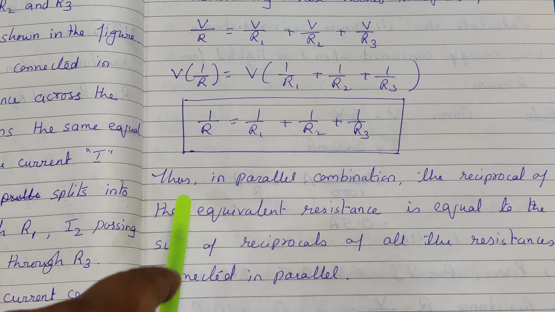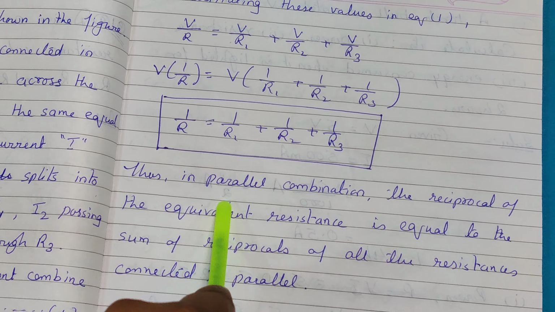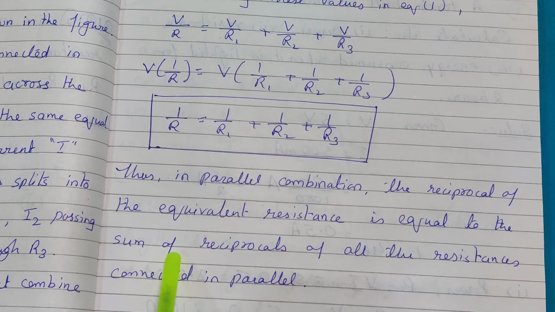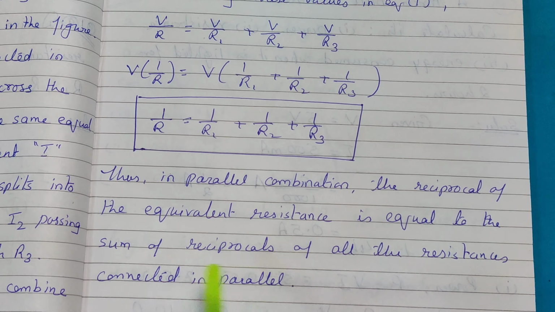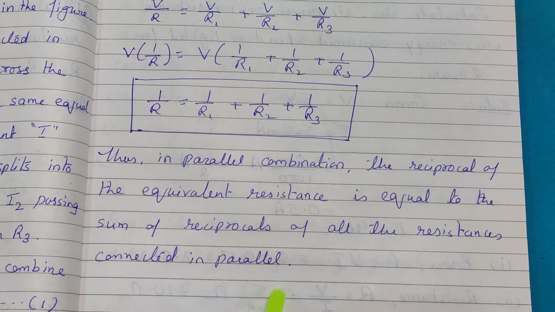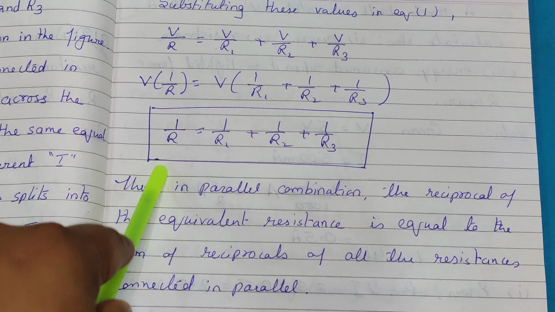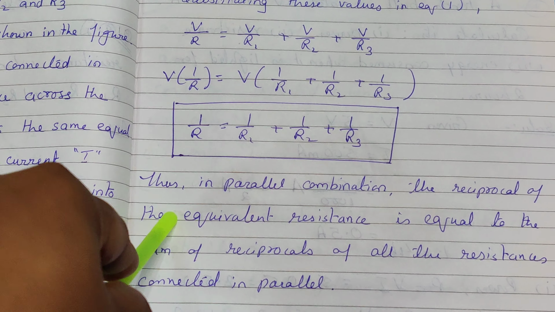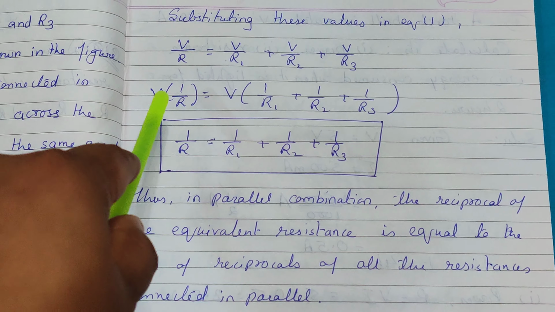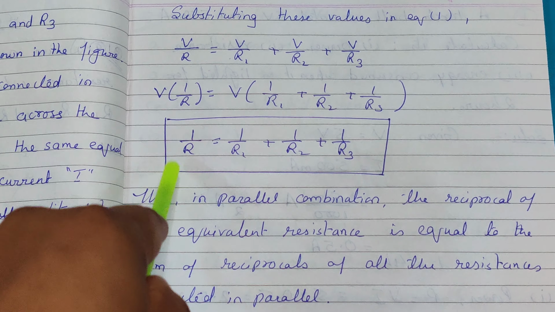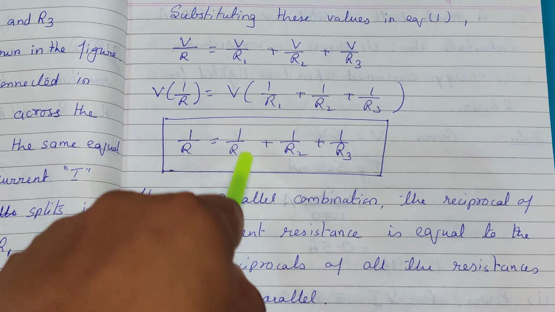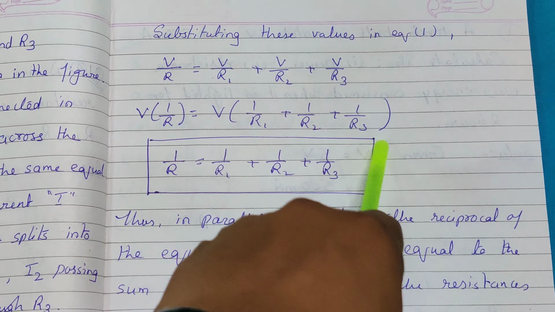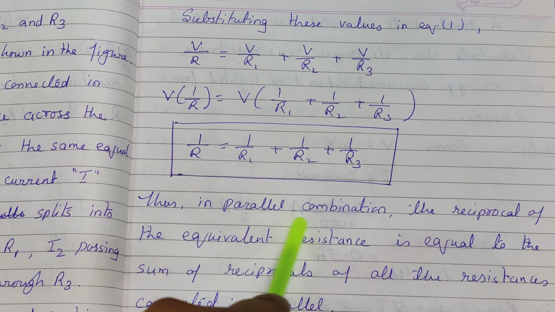Now, what we have to write? In parallel combination, the reciprocal of the equivalent resistance is equal to the sum of reciprocals of all the resistances connected in parallel. Reciprocal means 1 upon R. If R is the resistance, what will its reciprocal be? It will be 1 upon R. So 1 upon R is equal to the sum of all the reciprocals of the resistances.